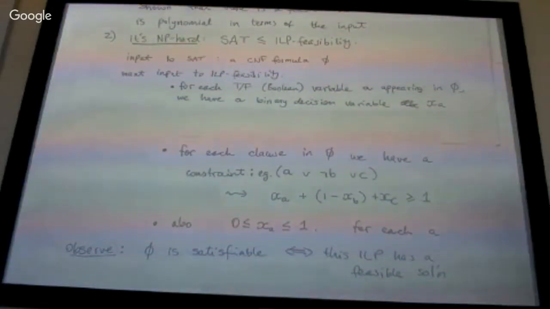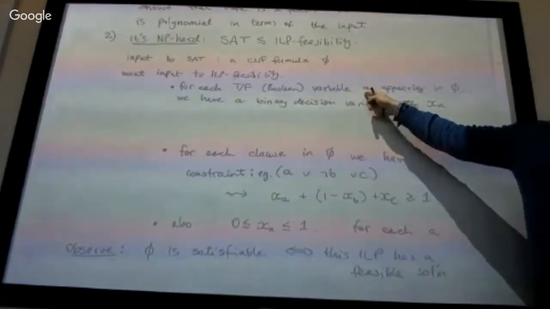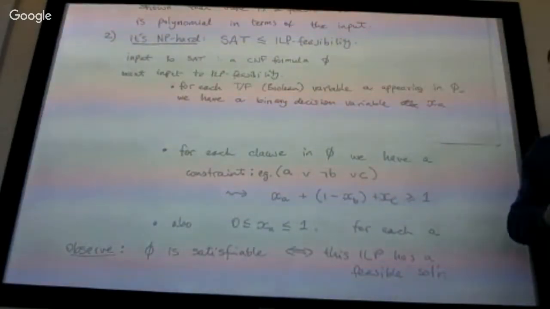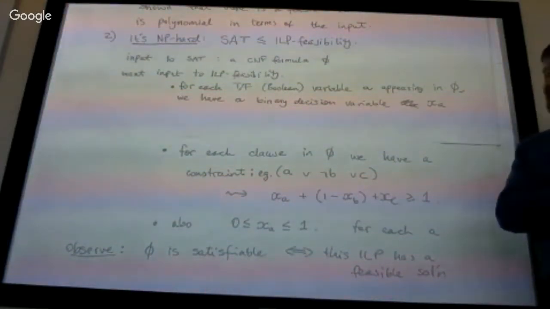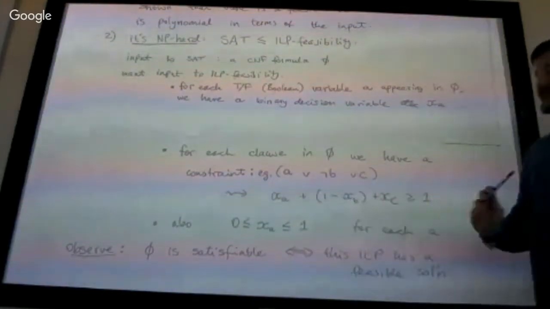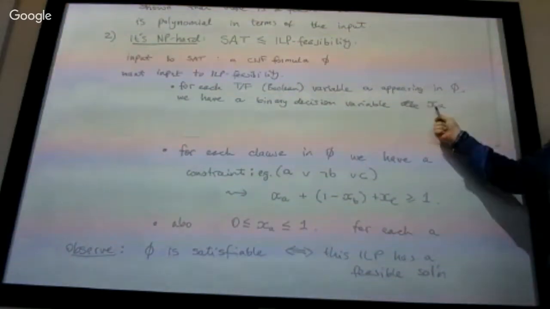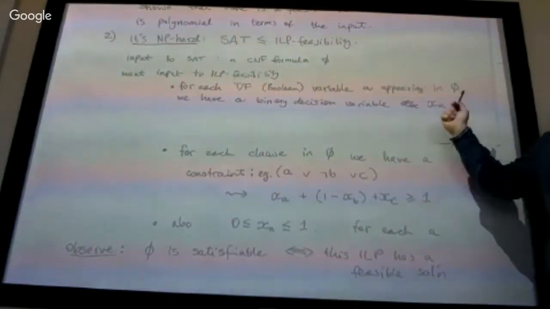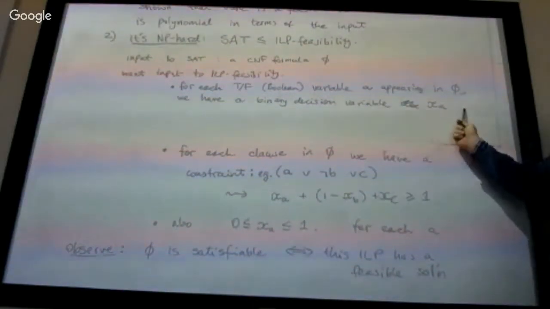Okay, if phi is satisfiable, that means we have true or false assignments to all these variables so that the whole formula is satisfied. That means every clause is satisfied, because the formula is a conjunction of clauses. So in any clause, at least one of the literals is going to be true. So we put XA to be 1 if A is true in the satisfying assignment of the formula, and XA to be 0 if A is false.